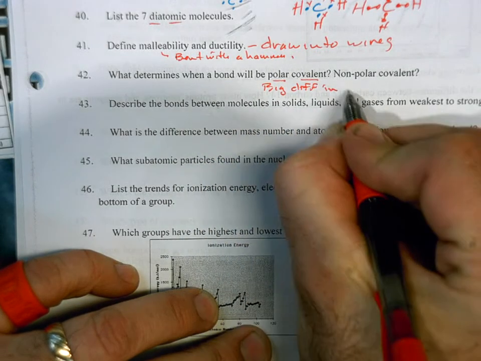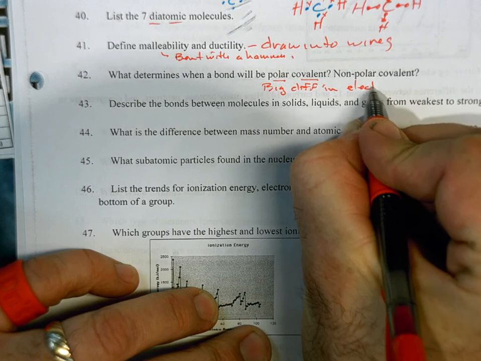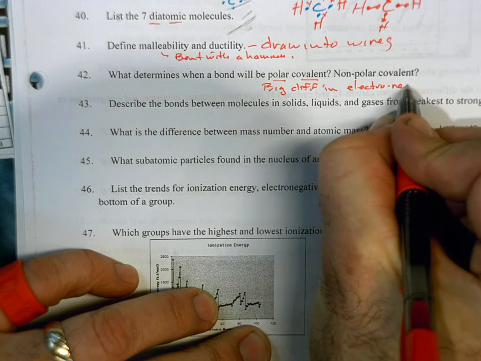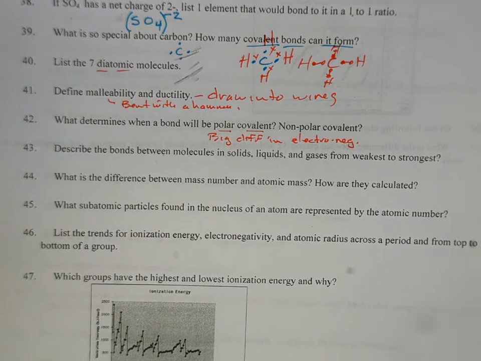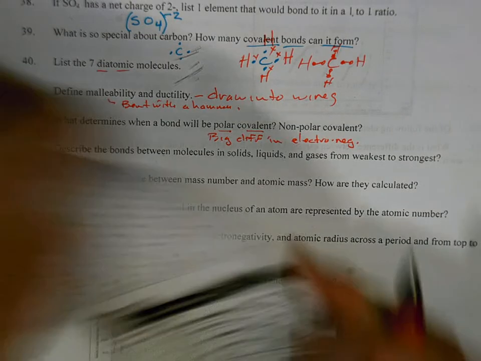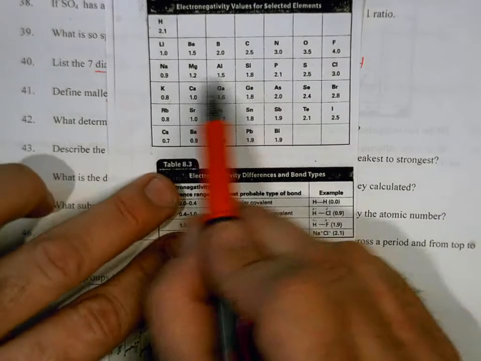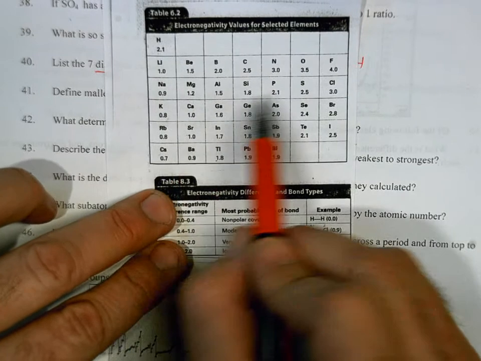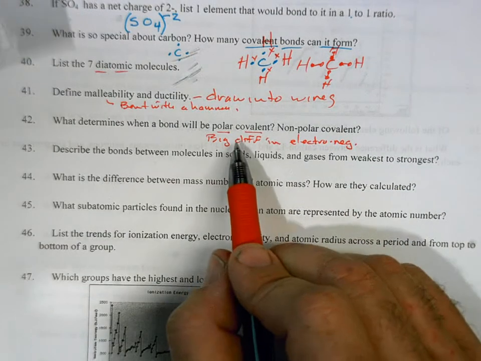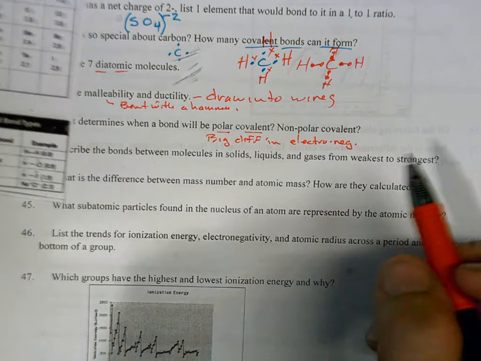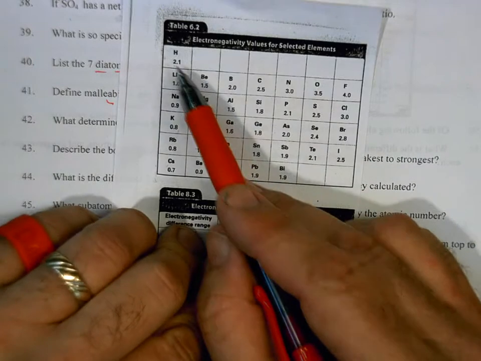Big difference in electronegativity. So pretty much, these elements on the left side of the chart tend to be lower, and these tend to be higher. So if you're going to be polar covalent, it's going to be like hydrogen and oxygen.